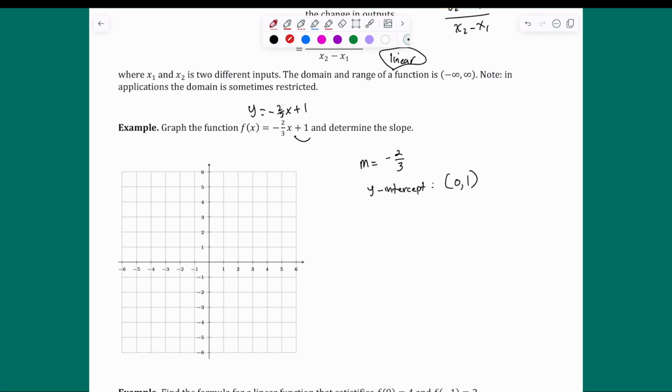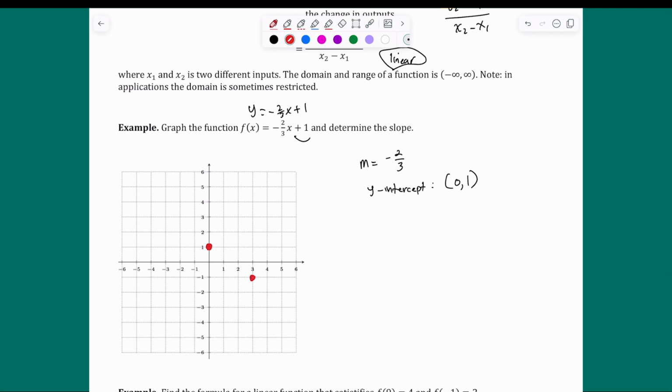Plotting this, I would have a point at (0, 1), and then a slope of negative 2/3. So I would go down 2, a fall of 2, and then a run of 3. So 1, 2, and then 1, 2, 3. So I get a point there.